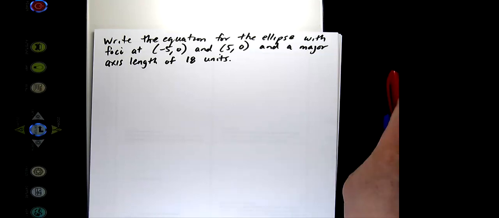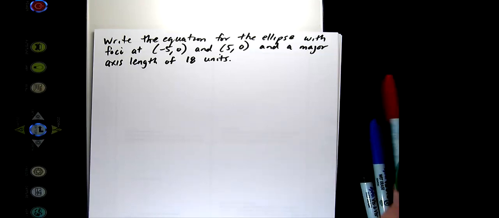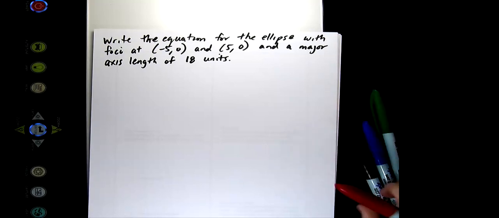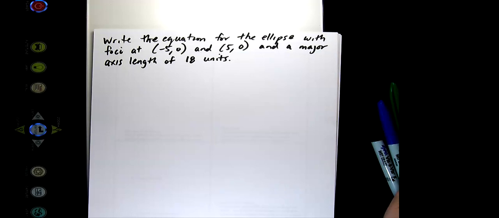So with the information I have, what is some of this stuff telling me? With the foci at -50 and 50, what information does that give me? It's related to what we've been doing here.